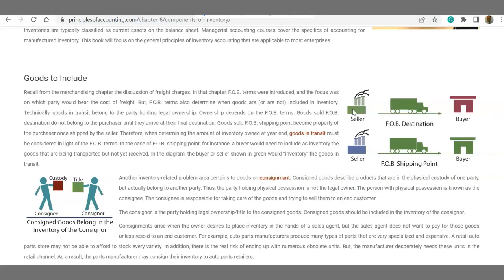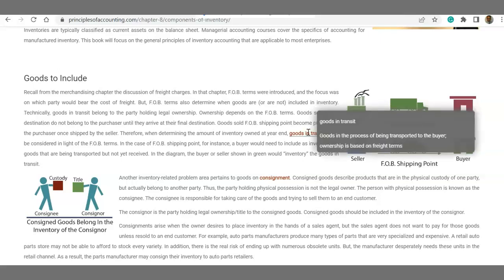You see the truck is green, and the seller is green. So if the shipping is on December 28th and it arrives on January 20th, up to January 20th the seller still is the owner of this inventory in transit and also pays for the shipping himself. And that means these goods in transit need to be reported in the balance sheet as inventory that belongs to the business.